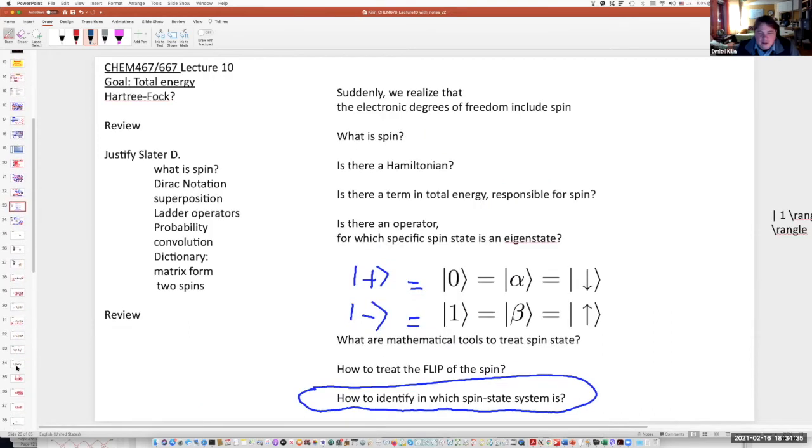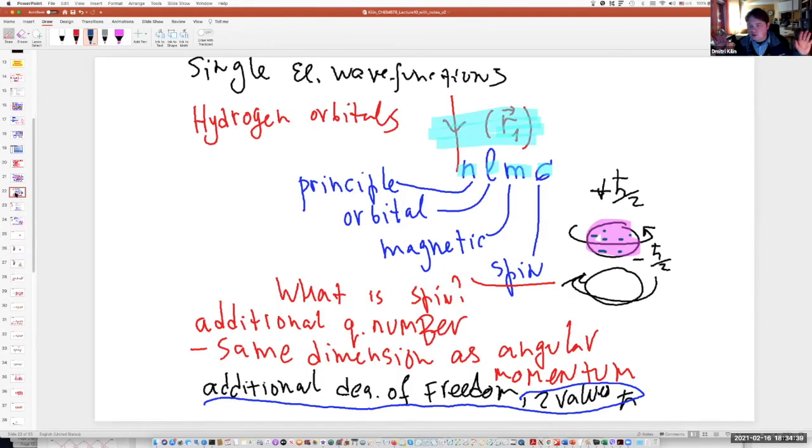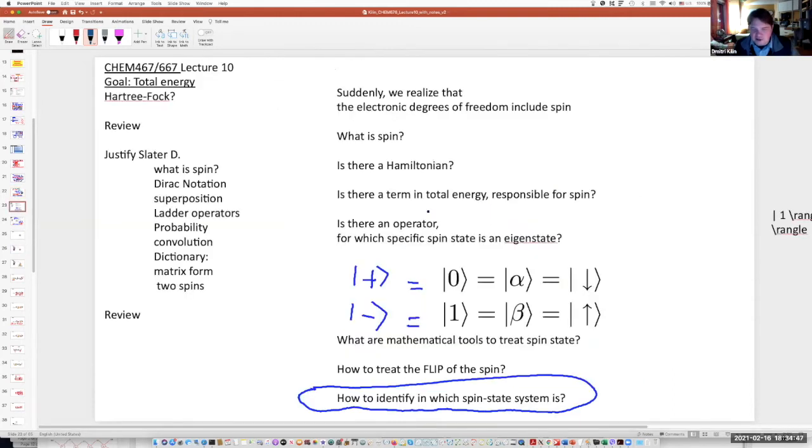So here, let me ask if there are any objections or questions. No? Everyone accepts? Okay. Now there are notations. So if it rotates clockwise or counterclockwise, one can call it 0, alpha, up, or 1, beta, down.